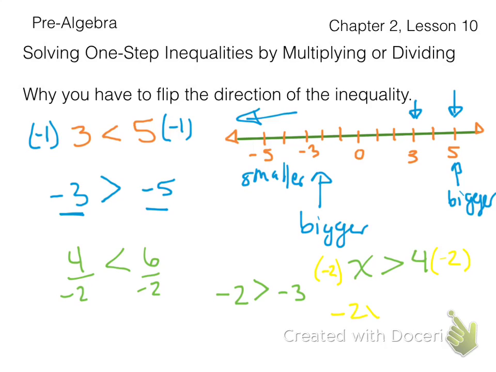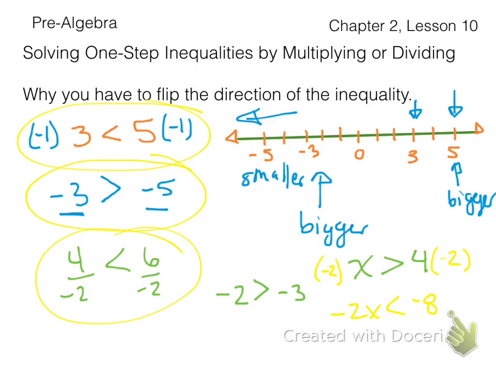So even though this would be negative 2x and this would be negative 8, every time I do something like this, I still have to flip the direction of the sign, because I multiplied or divided by negative 2 on both sides. Or any negative number. Any negative number that you are multiplying or dividing by because you had to move it, whatever you do on one side, you have to do on the other. That is when you have to flip things: when what you did to both sides was either multiply or divide by a negative number.